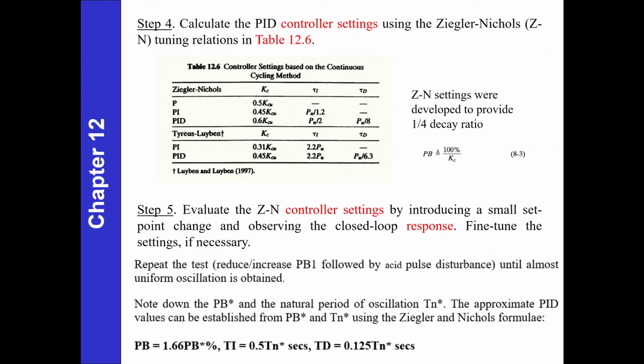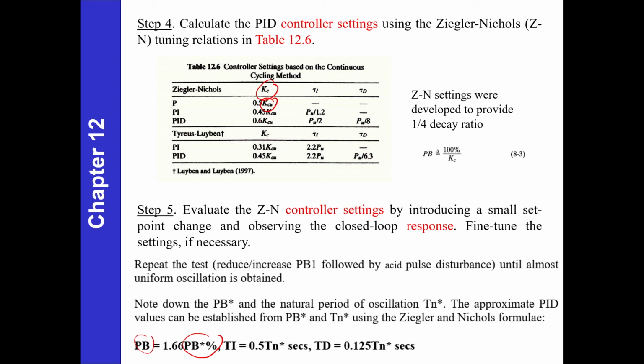So this is the formula. I believe you have already seen this formula compared to this one. This one is from the book, and this one is from your lab module. As you can see here, there is Kc or Kcu, and here you have Pb and Pb star.